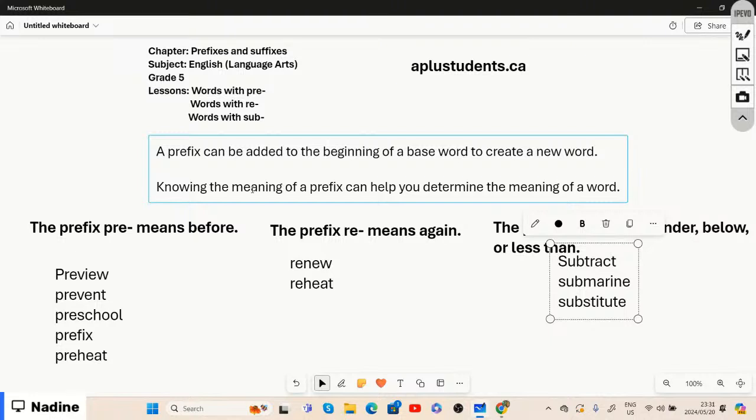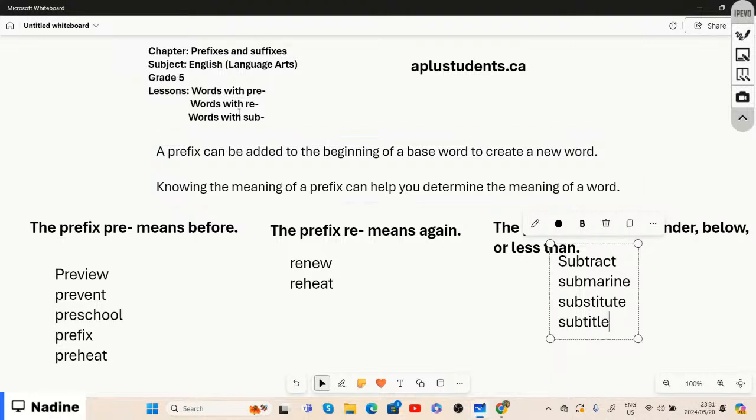And then the last one, we can say subtitle. Right? And if we look at the word subtitle, where have you already heard the word subtitle?